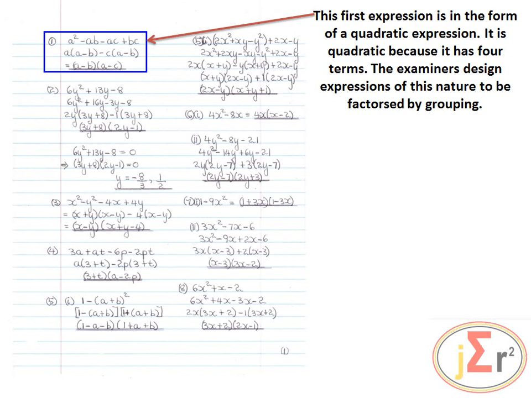That means when we see an expression like this in the examination, one that has 4 terms, we are to be aware that what we have there is not just any 4 terms, but an expression that has a special design, one that we should be able to factorize by grouping.